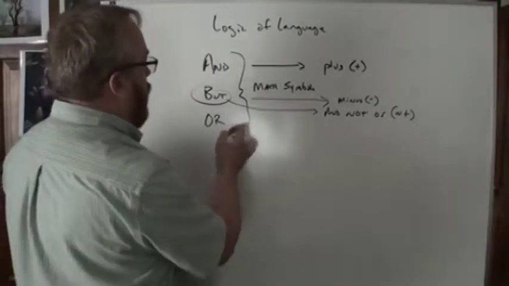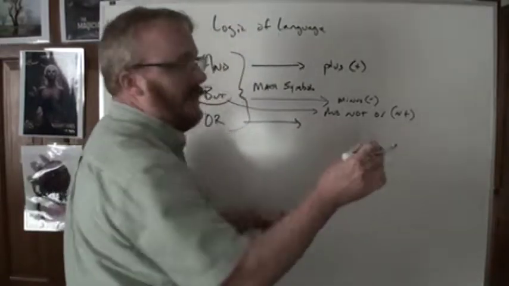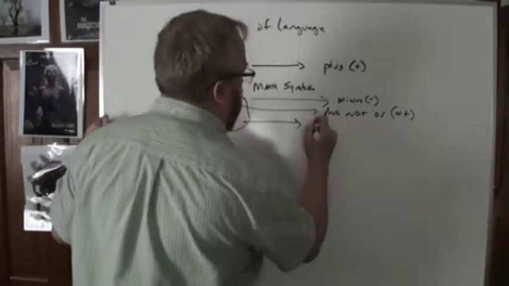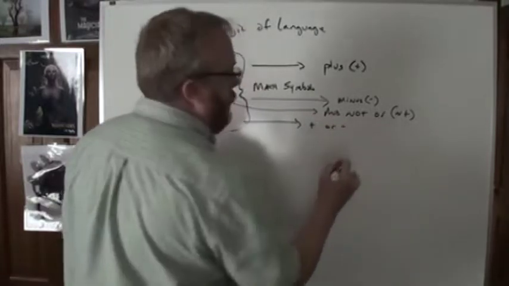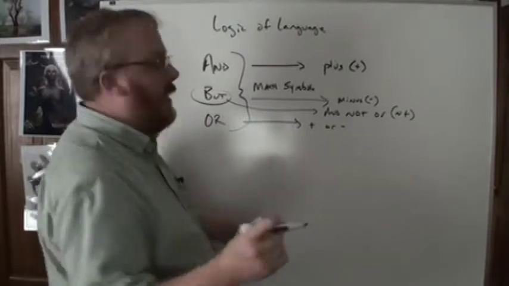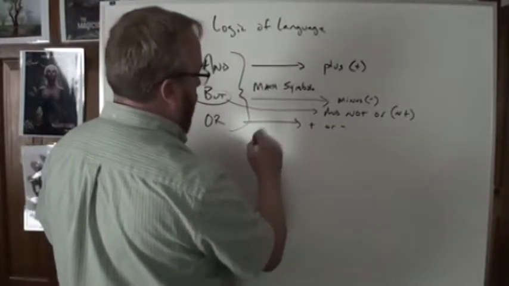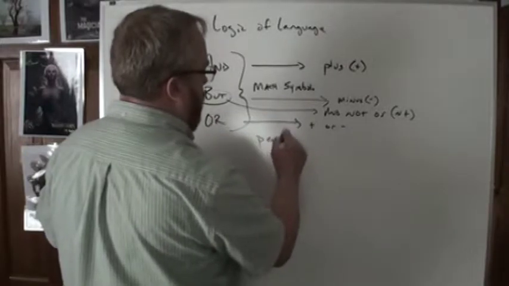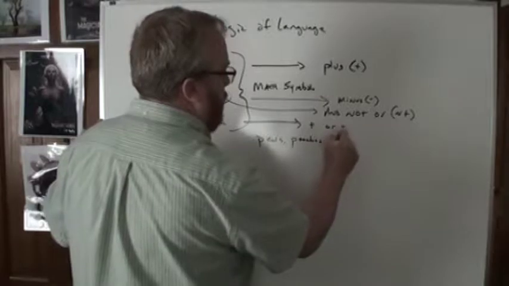And then finally, "or" is where it gets a little confusing. It's either going to be both sides, or only one side. What this basically means is that you can have a group of pears, peaches, bananas.